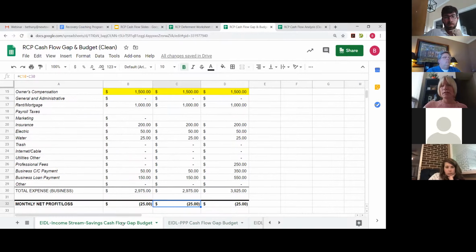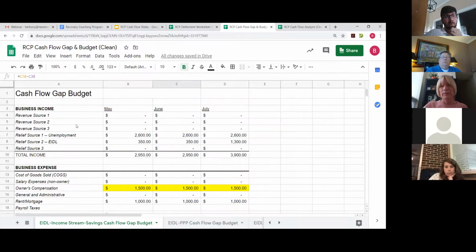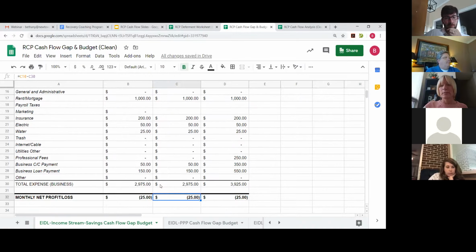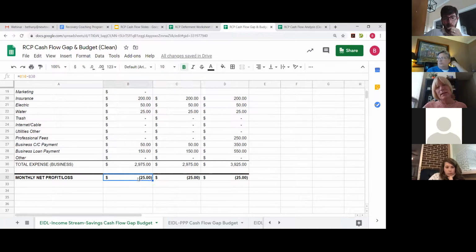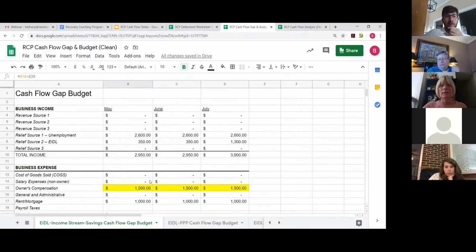Or can I avoid using the PPP loan altogether and just use my savings and my economic injury disaster loan advance? And then go with a scenario that makes the most sense for you. Just because this scenario ends up slightly in the red still may be the best choice for some of our entrepreneurs out there. Maybe less stress and easier on you and your household right now to go with that strategy.